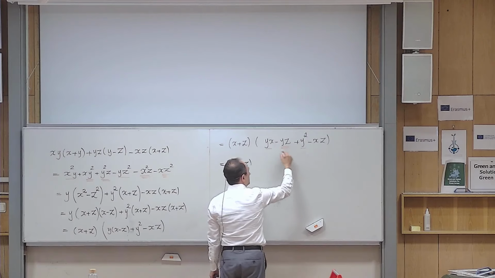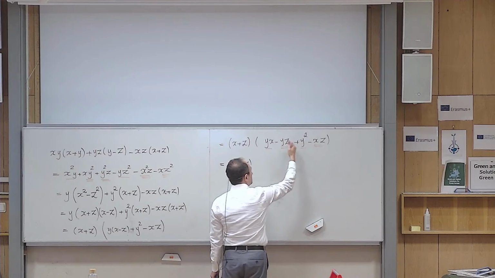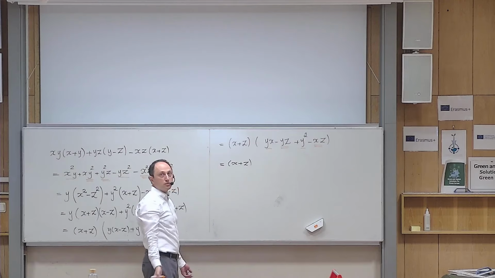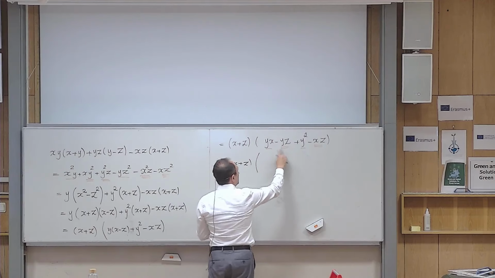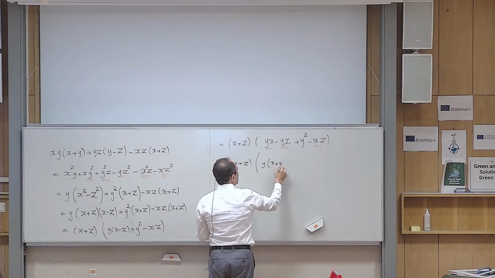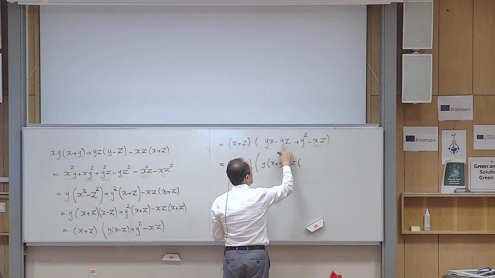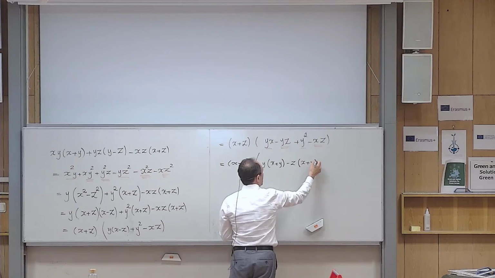And if I take these two and factor minus z out, again x plus y is left, which is good. So let us follow that. I will take a y out from these two, it becomes x plus y. Between these two, I factor minus z out, this becomes y plus x or x plus y, it doesn't matter.